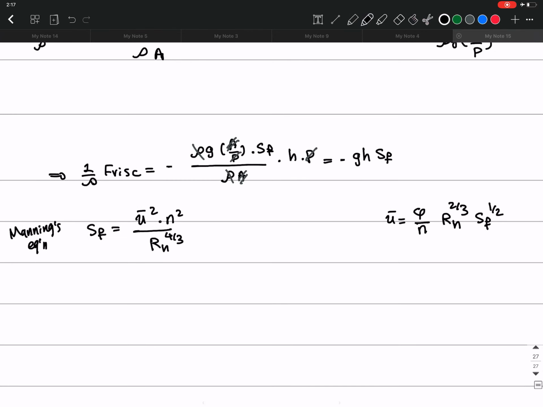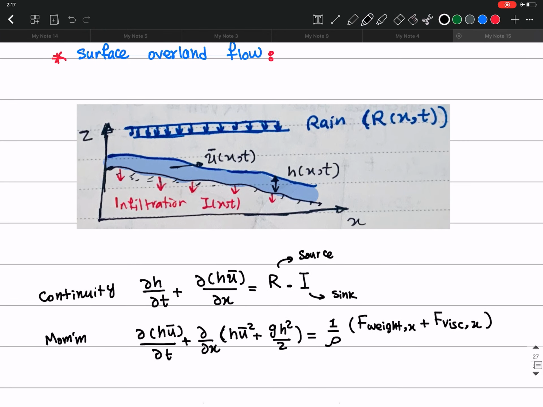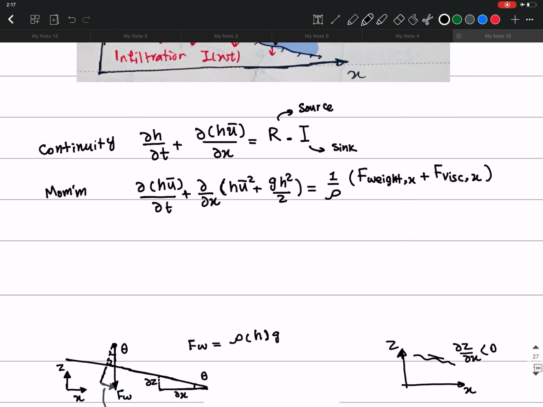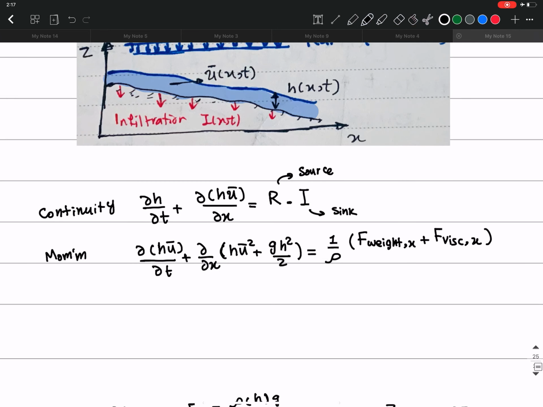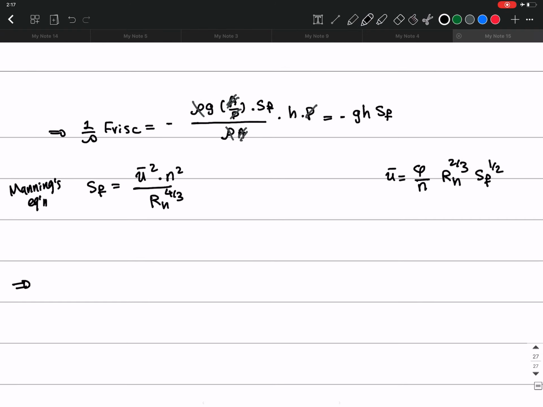If I want to solve the equation, the routing of this channel, this river or any channel, I can just use these equations that I have. So I want to write them in terms of matrix. So this is how we are going to solve these two equations numerically. The first one is partial h over partial t equals R minus I. So we have h here.